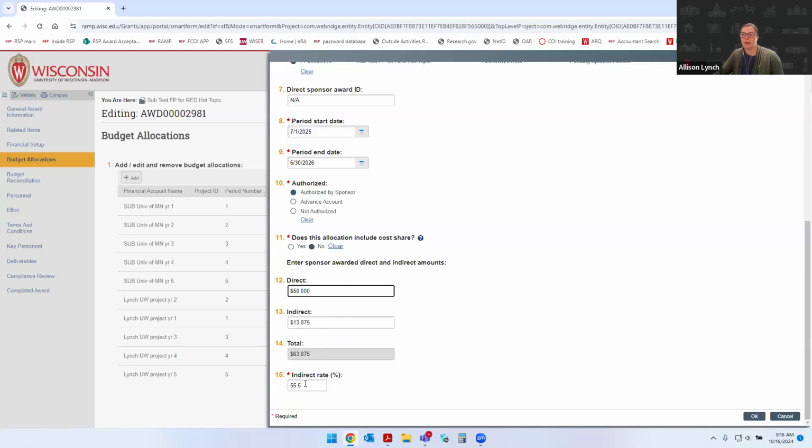So 55.5% of $25,000 is $13,875. So this is what's allocated in year one, assuming that the direct cost is over $25,000. Obviously, if it's under $25,000, you would include the adjusted dollar value here.